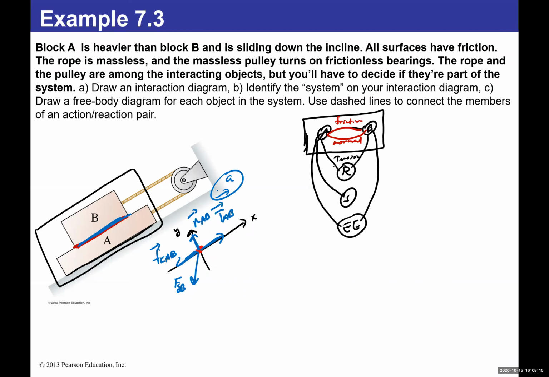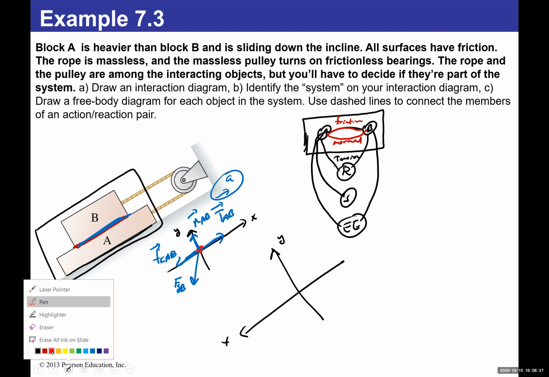And let's look at A. So let me do the coordinate system. Now, one of the things I can do is take down as positive, because A is sliding down.